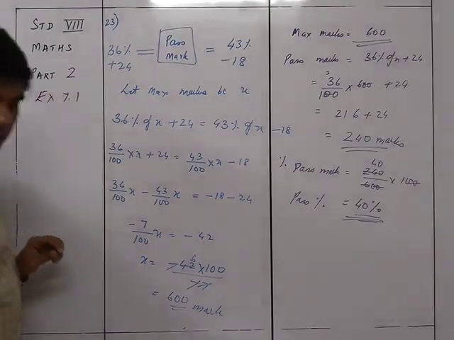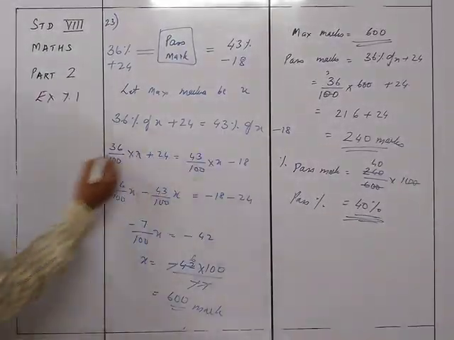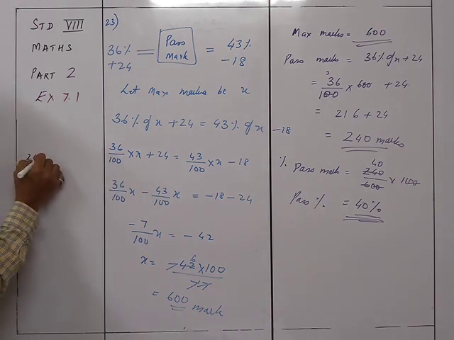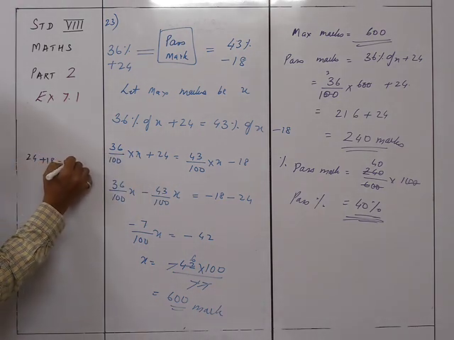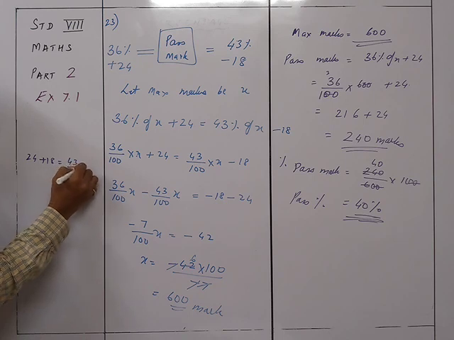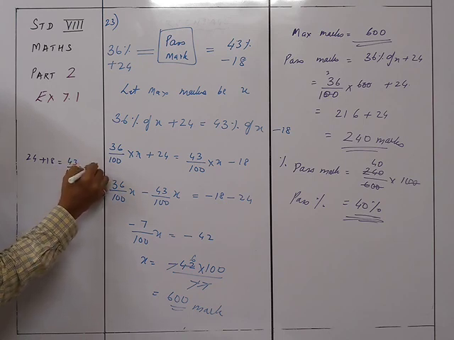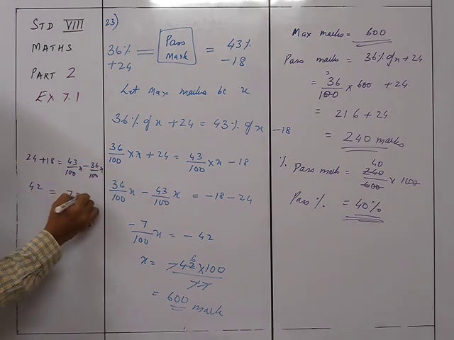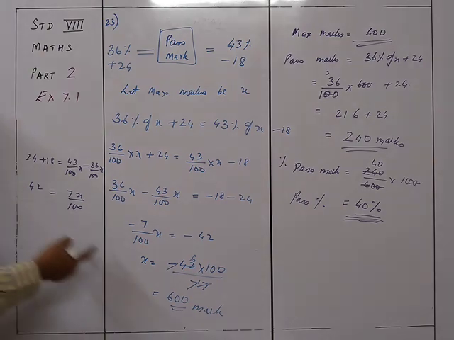Okay. So it would be like this. If this would have been the condition, it would be this way that 24 plus 18 is equals to 43 upon 100x minus 36 upon 100x. So that will be 42 is equals to 7x upon 100. तो नेगेटिव साइड नहीं होगा, बाकी सब कुछ सेम ही है. So don't worry.